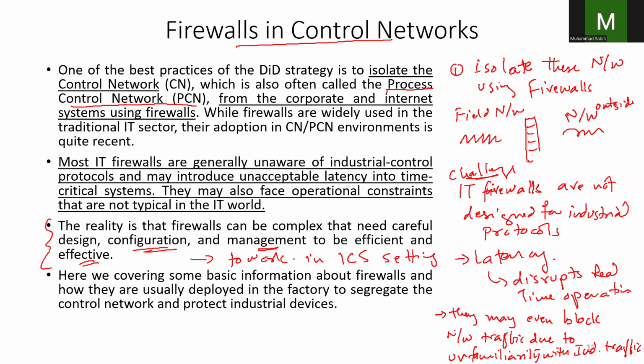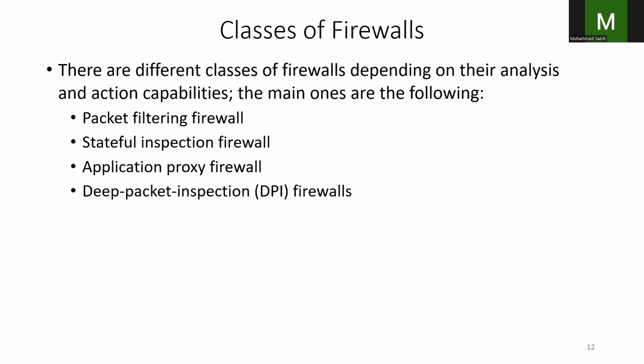Next we will see the classes of firewalls. There are different classes of firewalls, and we will go one by one. The first one is the packet filtering firewall. It's the most basic type, and it only checks the packet header, for example the IP address, the port number and the protocol.